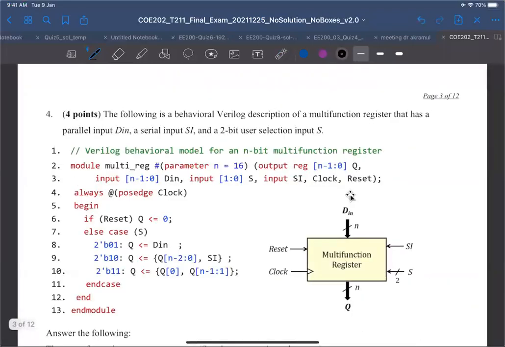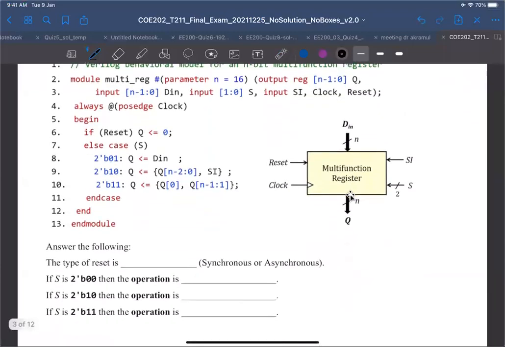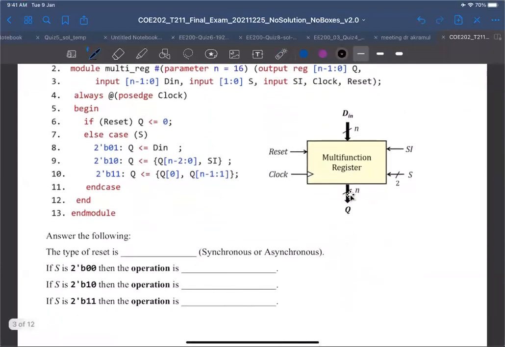The next question is a very long question. We are given a very long code, and we are requested to fill in some blanks. First, the type of reset.